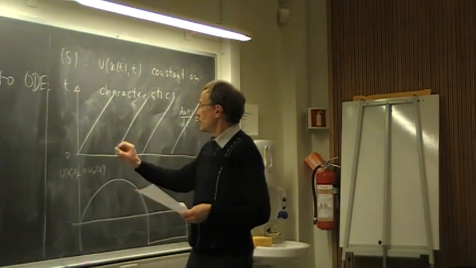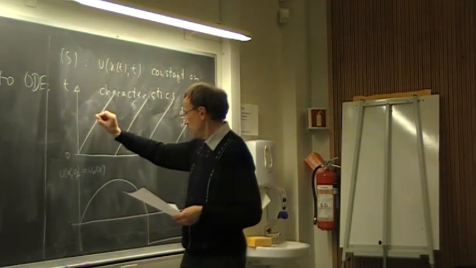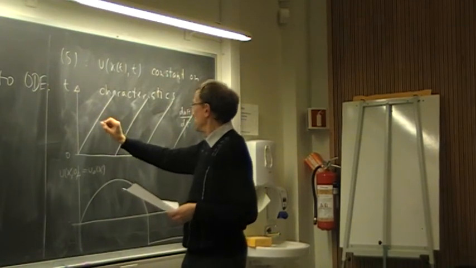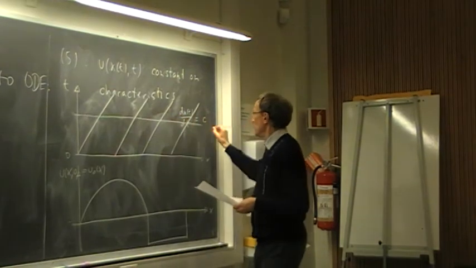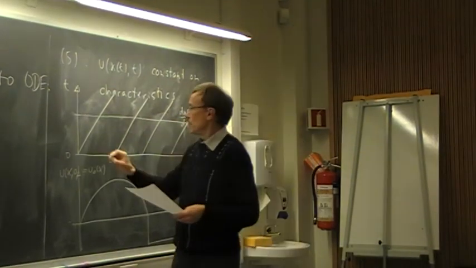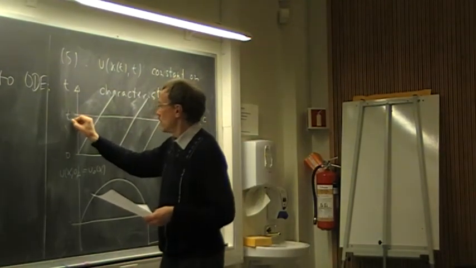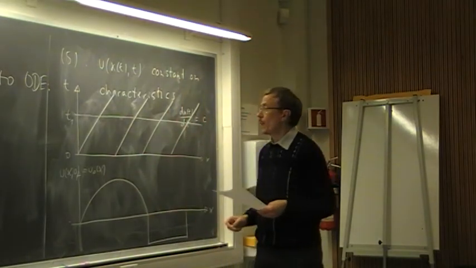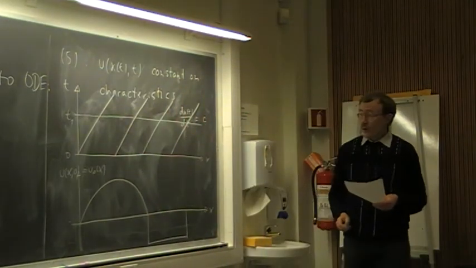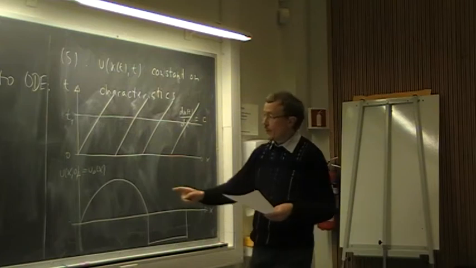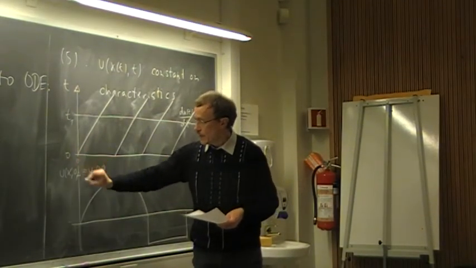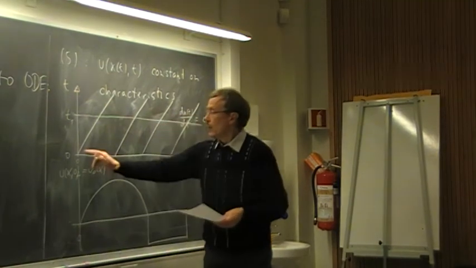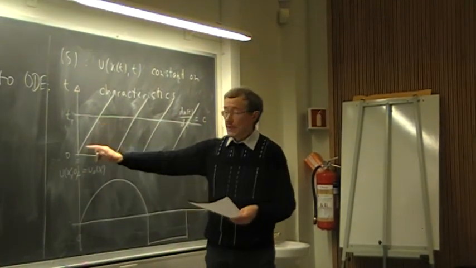And now if we want to go to some time here, say call this t1 for example, then we know the solution that originally was at, say this was also x0, that will be constant on this line.